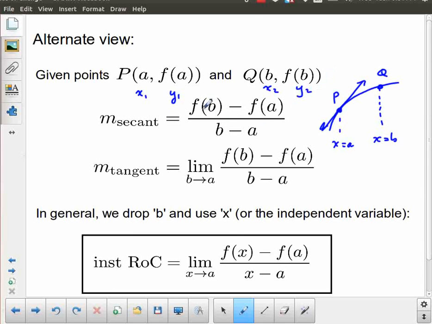So f of b would be the y value of the second point minus f of a, the y value of the first point. This is just y2 minus y1 over x2 minus x1.